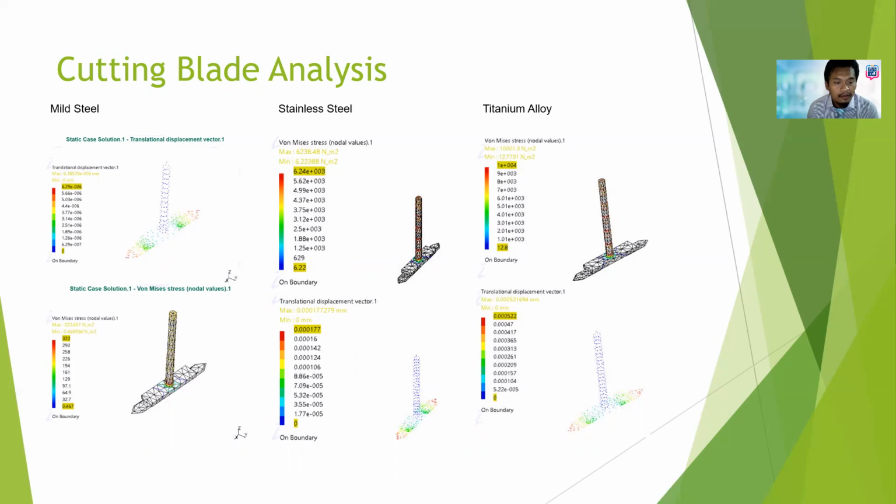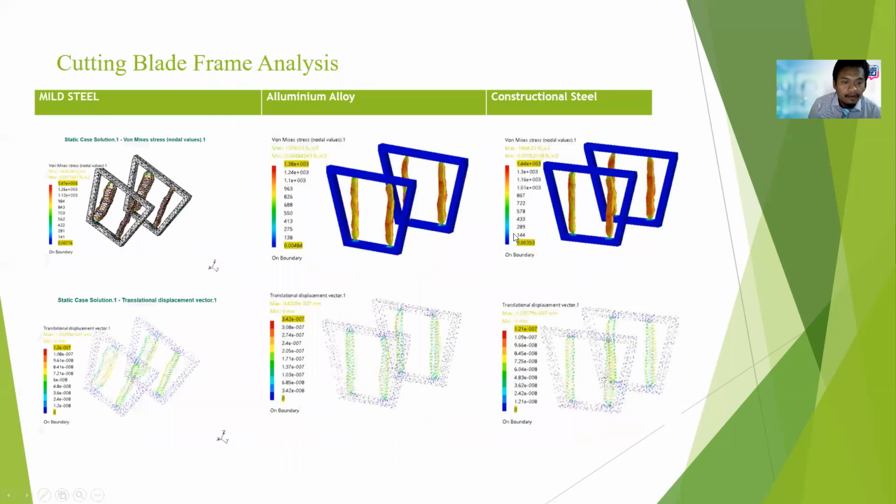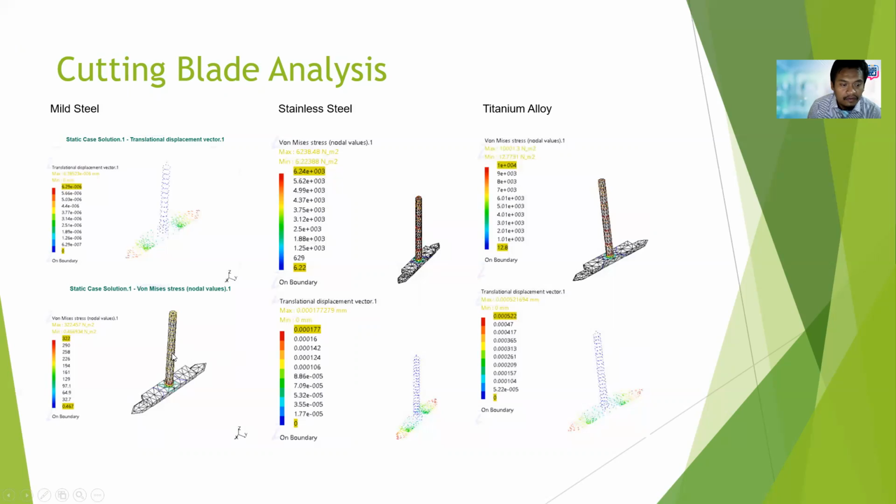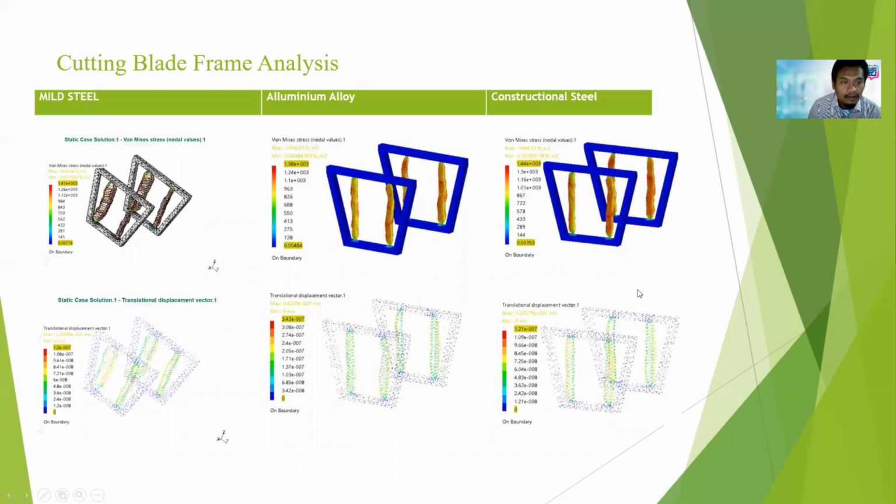There is the translational result, and then the von Mises result. Then there is the cutting blade frame analysis. For the three types of material that we compare, first we use mild steel, aluminum alloy, and then constructional steel.